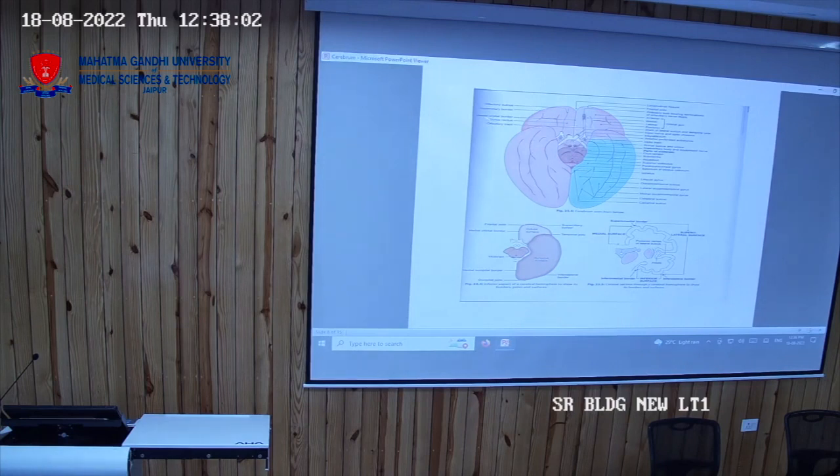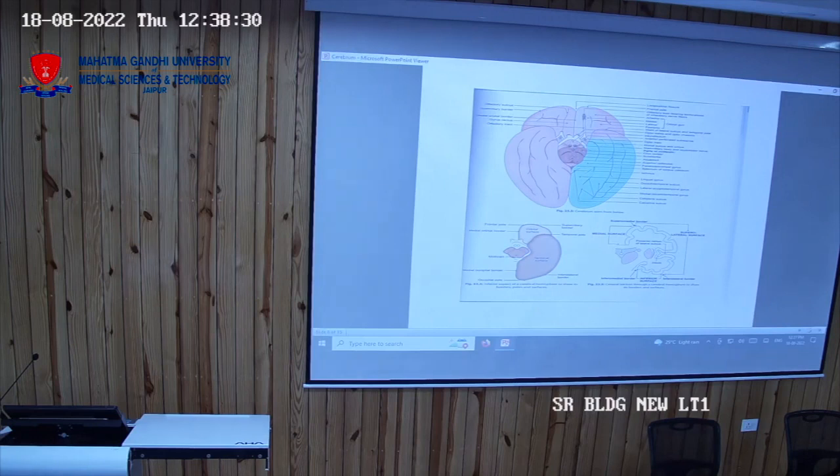Now the area posterior, which is bounded anteriorly by the optic chiasma, laterally by the optic tract, and posteriorly by the crus cerebri of the midbrain, is called the interpeduncular fossa. So what is the interpeduncular fossa? This thing should be clear in our mind. The area posterior to the optic chiasma.